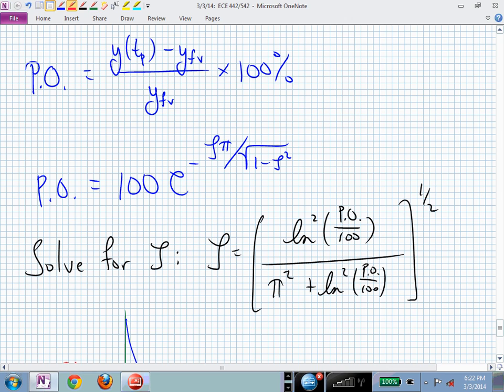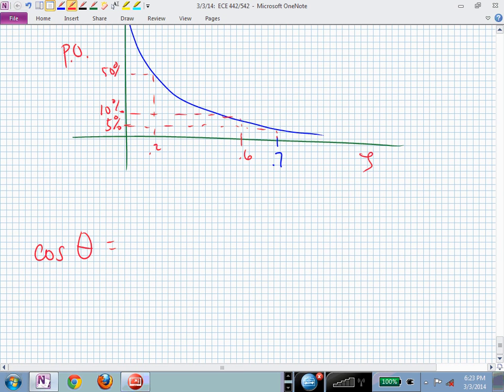It's an idealization, but it gives us something to start thinking about. Cosine of theta is, by definition, the adjacent side over the hypotenuse. The adjacent side was the damping, sigma, zeta omega sub n, over the hypotenuse, which is omega sub n, and now you have zeta.